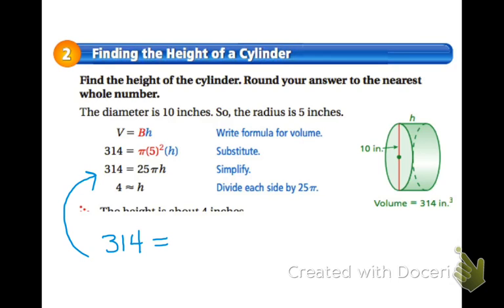I get 78.5, so 78.5 times the height, okay? All I've done is multiplied 25 times pi. At this point, we are solving for h, so we want to undo what's being done to it. It's being multiplied by this 25 pi, or 78.5, so I'm going to divide both sides by that amount.